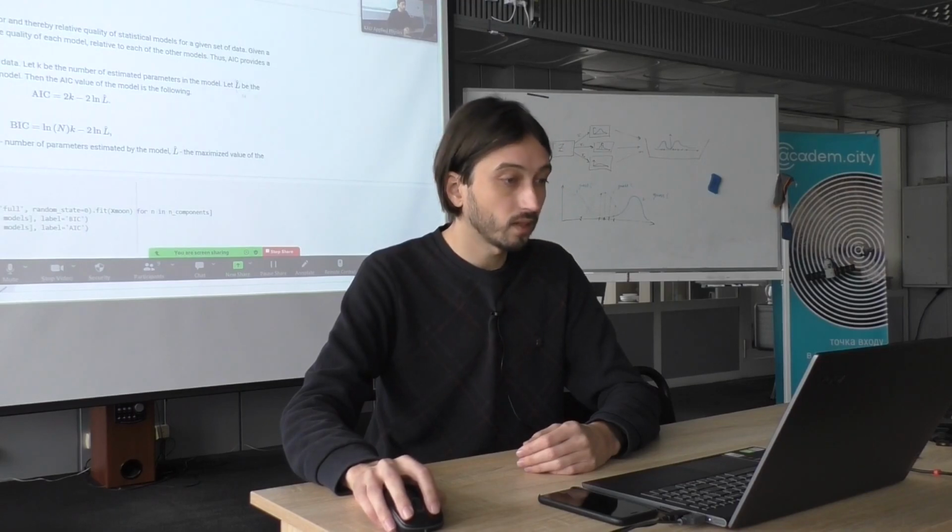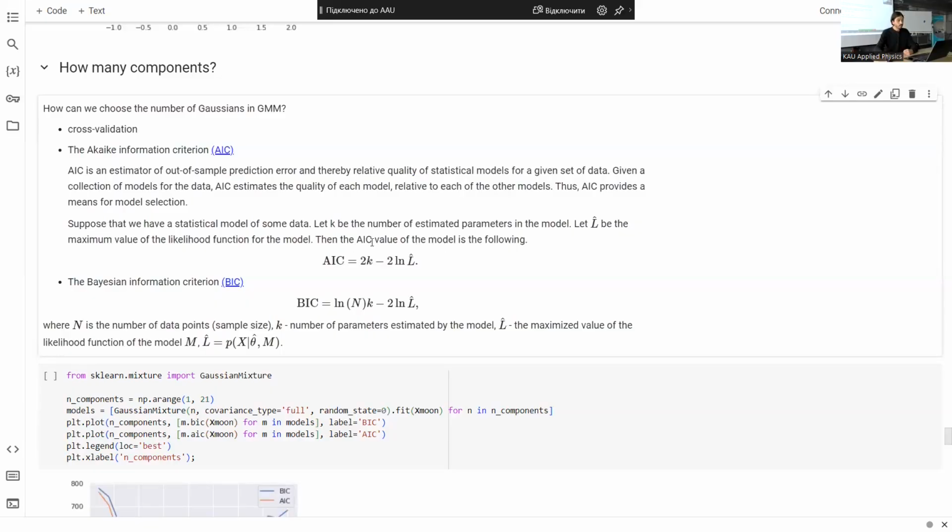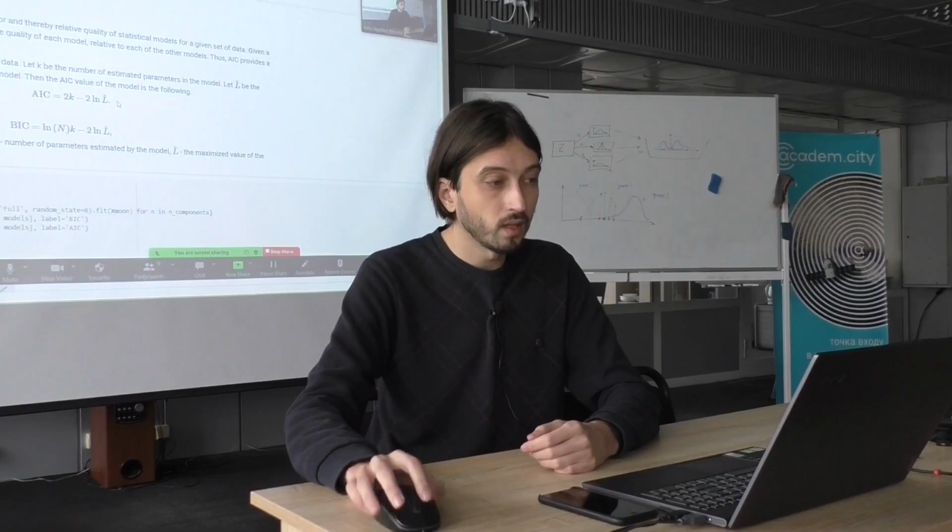And let L be the maximum value of the likelihood function for the model. And then this AIC is calculated as follows: 2 times K minus 2 times logarithm of L. So we have some likelihood function, we have this thing, and we can calculate that.